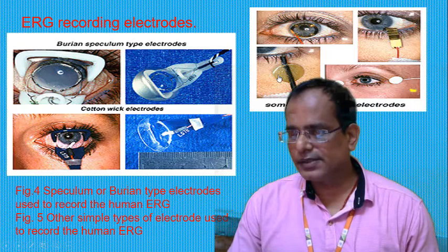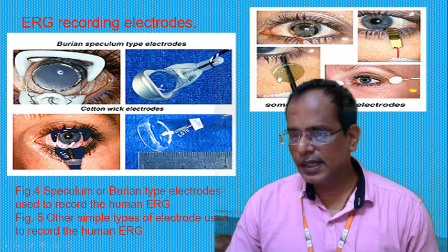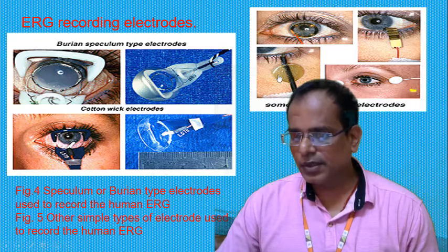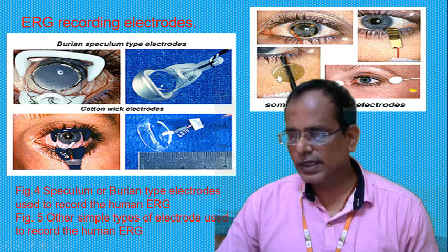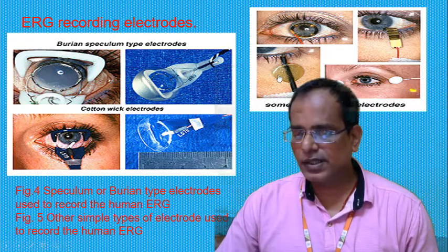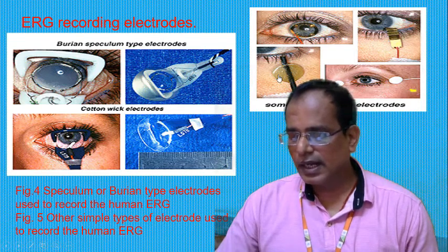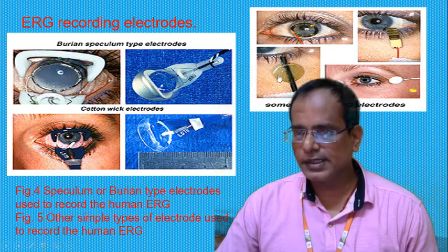Here, when the eye is very small, such as in some microphthalmic eyes or cases of trauma to the tissue surrounding the eye, we use ERG jet, DTL silver thread or gold foil. These we use to record the electrical activities.